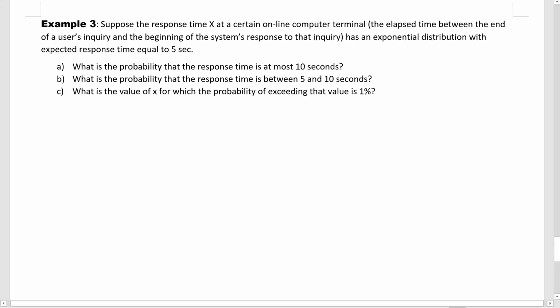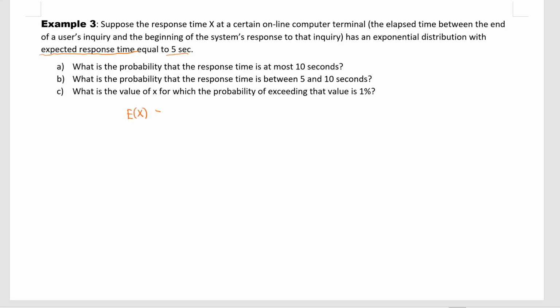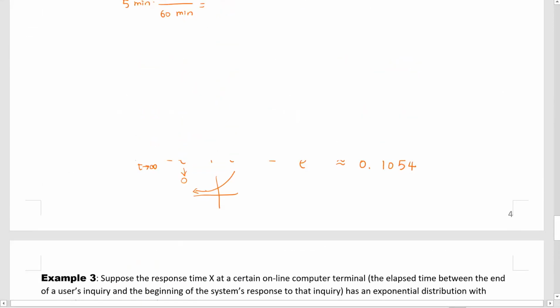Okay, so first of all, what information do we have? Expected response time is 5 seconds. What is the expected value? That is the mean, right? From this sentence, we know the mean is 5 seconds. But what is the mean? Do you remember for exponential distribution?